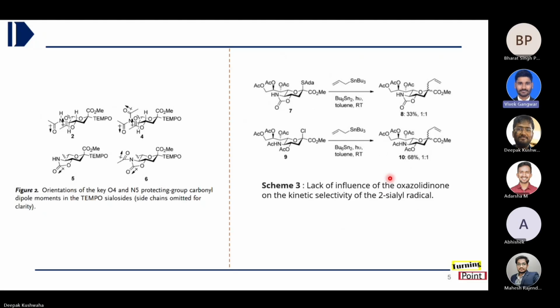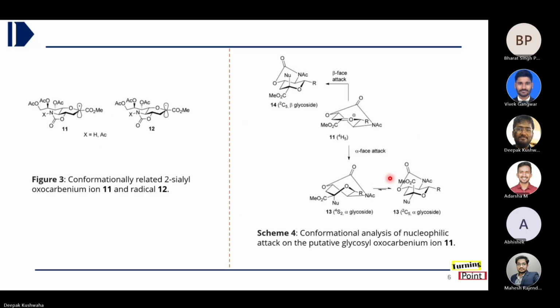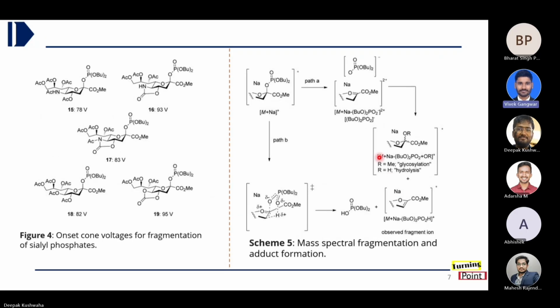Okay. And second thing, there is a chain in the sialic acid structure, another chain at the fifth position. So it will also help in the selectivity. Correct. That is the reason, like the conformation you are talking about, for those things separate studies are there.